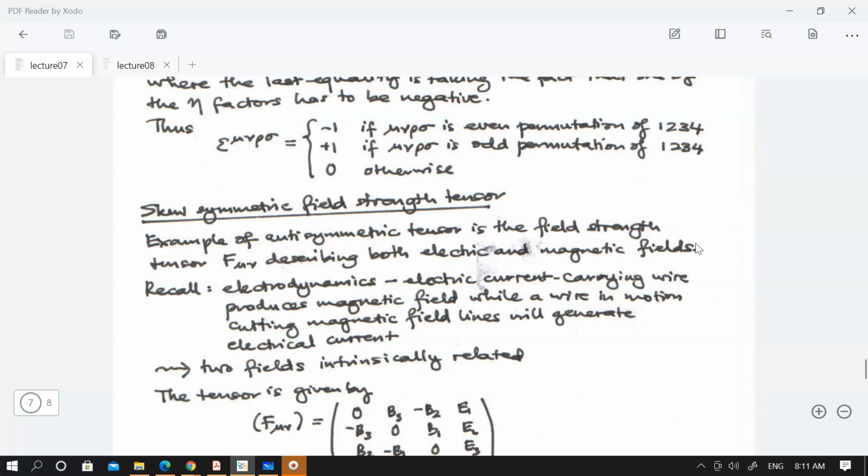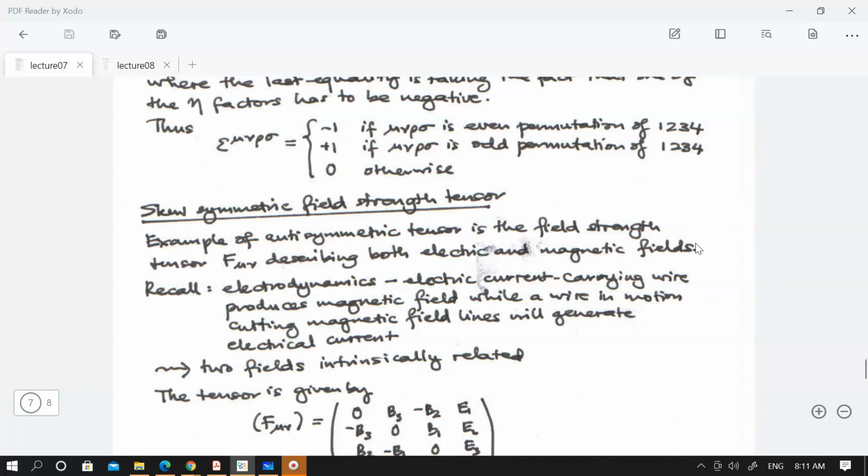For example, an electric current carrying wire produces a magnetic field. I think this uses a right hand rule or something, I can't remember now, that was a long time ago. And if a wire in motion cuts a magnetic field, it will generate an electric current inside the wire. So this relationship between electricity and magnetism tells us that something is intertwining the electric field and the magnetic field.